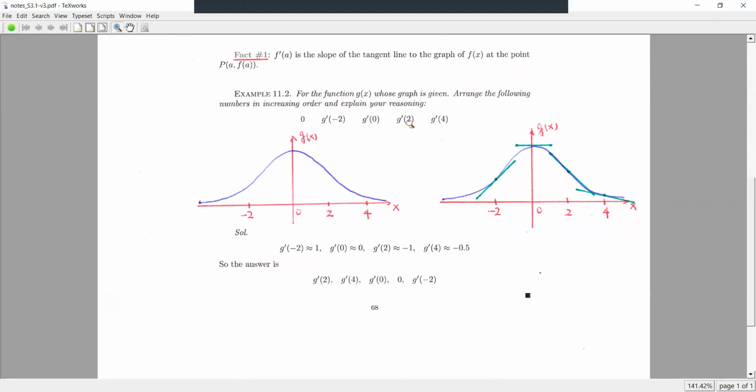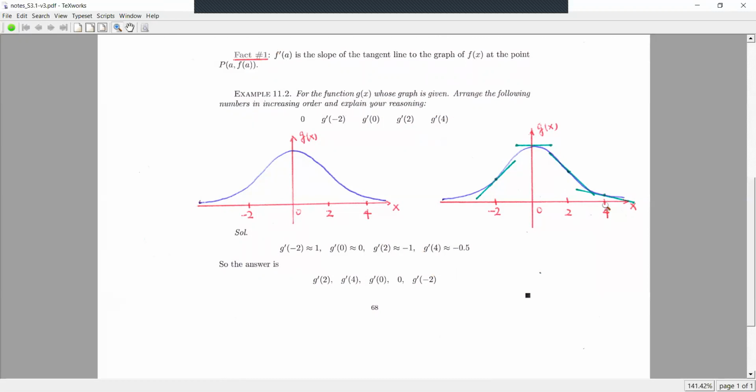Derivative at 2. This is the slope of the tangent line at point 2. At point 2, I draw a tangent line to the graph of the function. This tangent line, I guess, its slope is -1. So the derivative at 2 roughly is -1. Now, this derivative at 4. According to this fact, the derivative at 4 is the slope of the tangent line at 4.